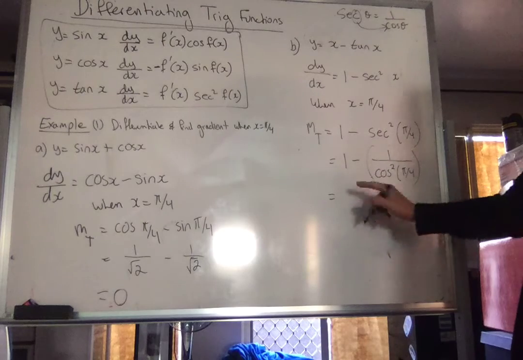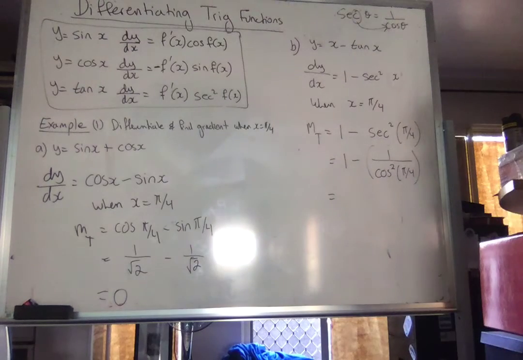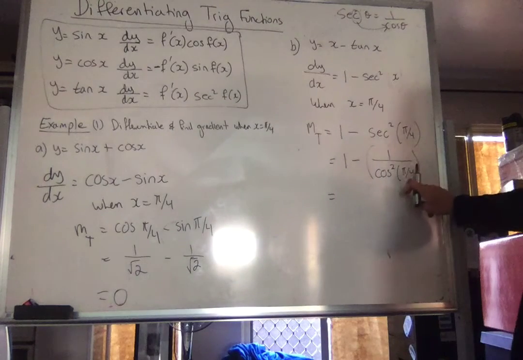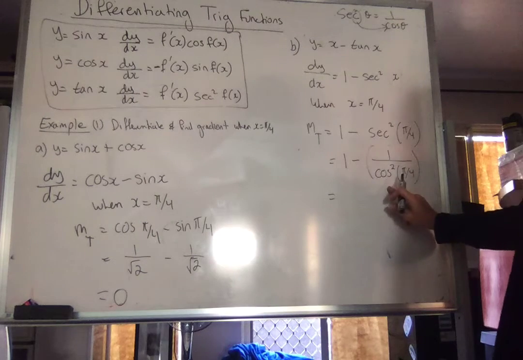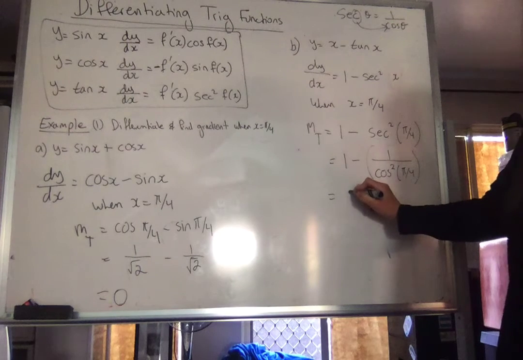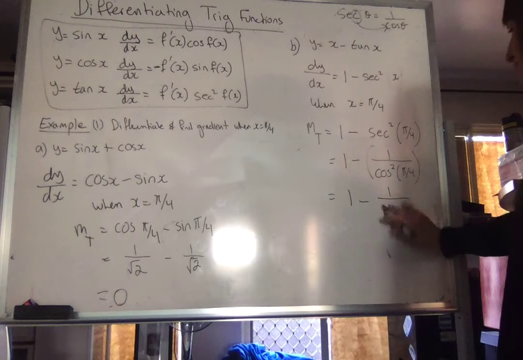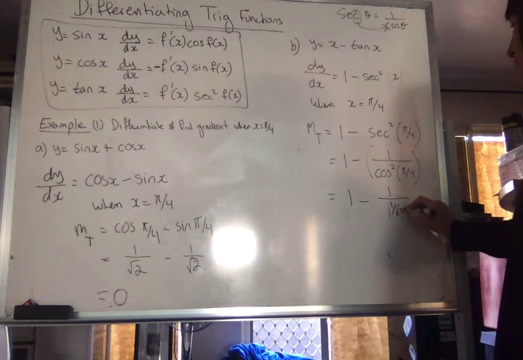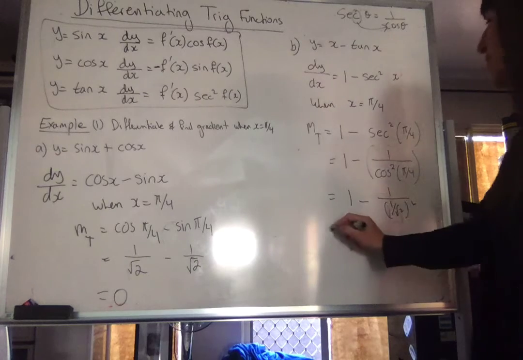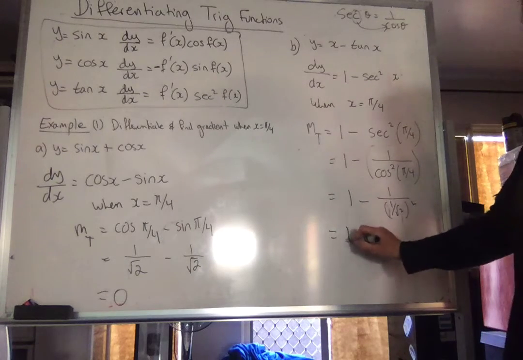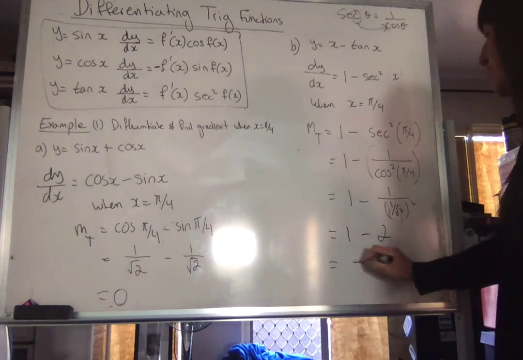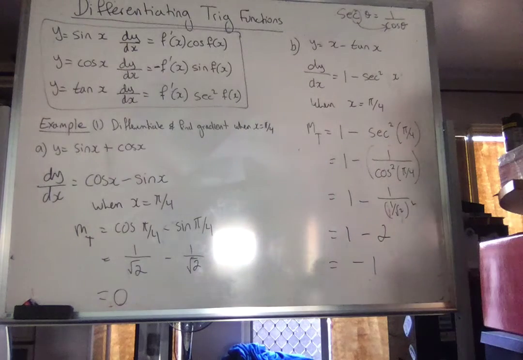Okay, so then what happens here? Well, remember cos pi on 4 is 1 over root 2, and so that becomes 1 minus 1 over root 2 all squared, and of course I can bring that to the top. So really that becomes 1 minus 2, so the answer is negative 1. Okay, so there's that answer.